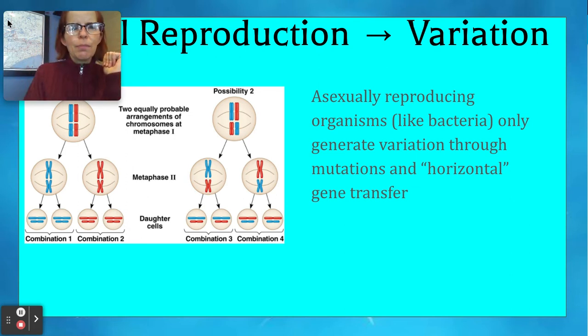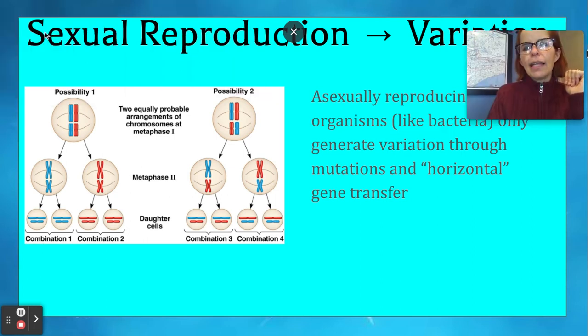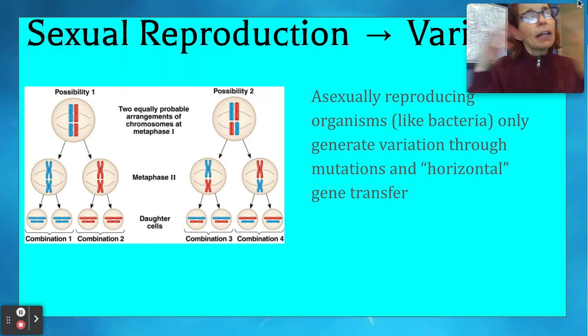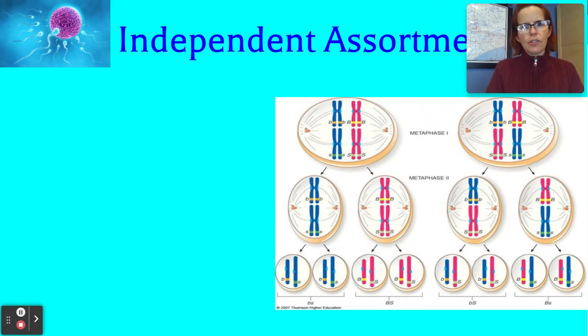They can pick that up from their neighbors, and then they can change a little bit. Instead, sexually reproducing organisms combine the DNA, half from one parent, half from the other, and then you've got this totally unique offspring. So sexual reproduction increases variation.